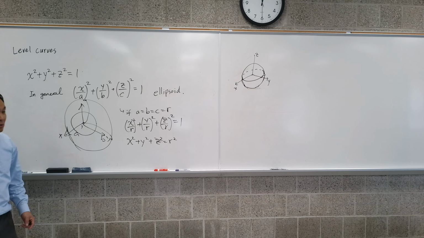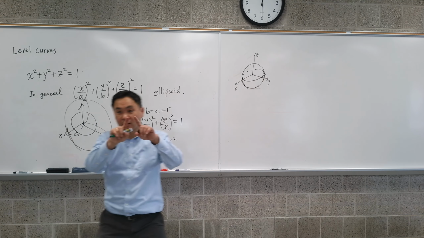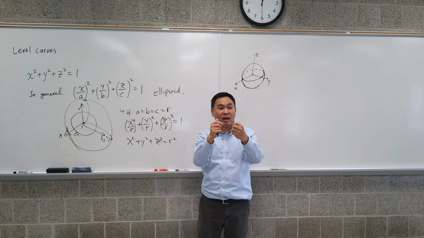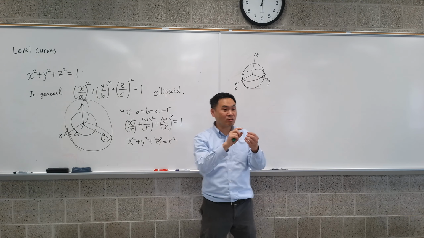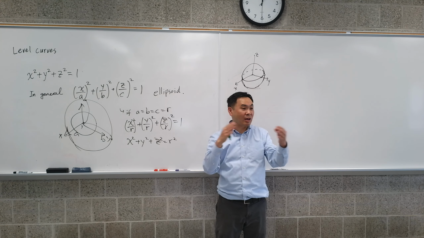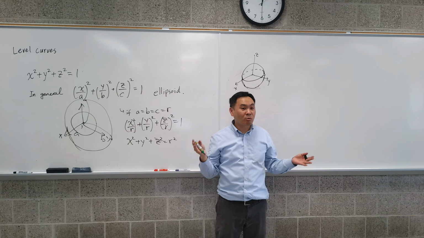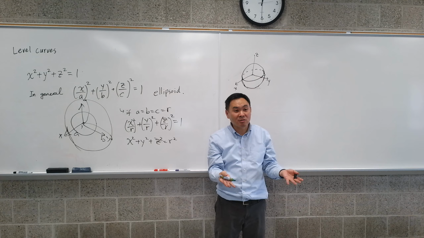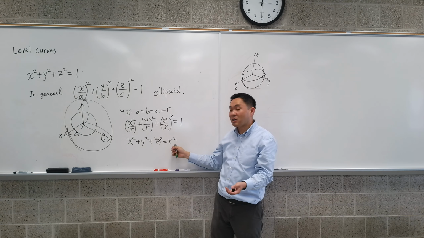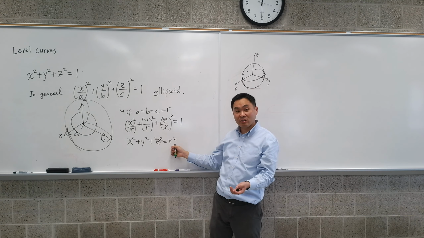What does this do? That means you're taking a sphere and stretching in every direction by r. So for example, if r is 2, that means you're doubling every direction, x, y, and z. So what's the new shape you're going to get? You're going to get a sphere of a bigger size, right? So that's why this is a sphere of radius r.